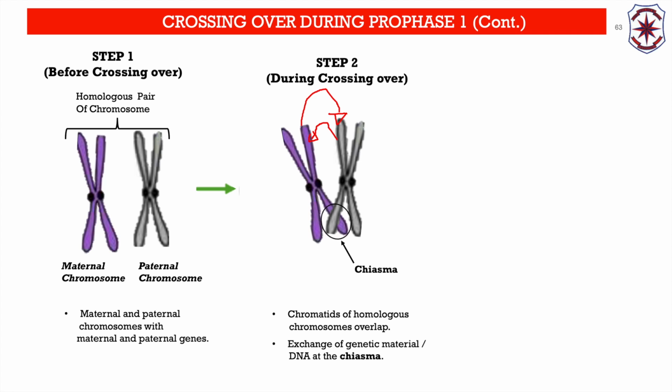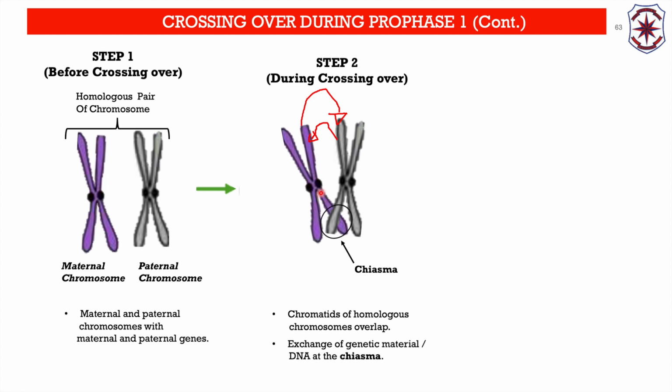Okay, but not everywhere, only at the chiasma, only at the point where they overlap. One chromosome exchanges genes with the other chromosome. Some of the genetic material from this chromatid goes to that chromatid, and some of the genetic material from that chromatid moves to that chromatid. Okay, they don't share genetic material, they exchange genetic material.